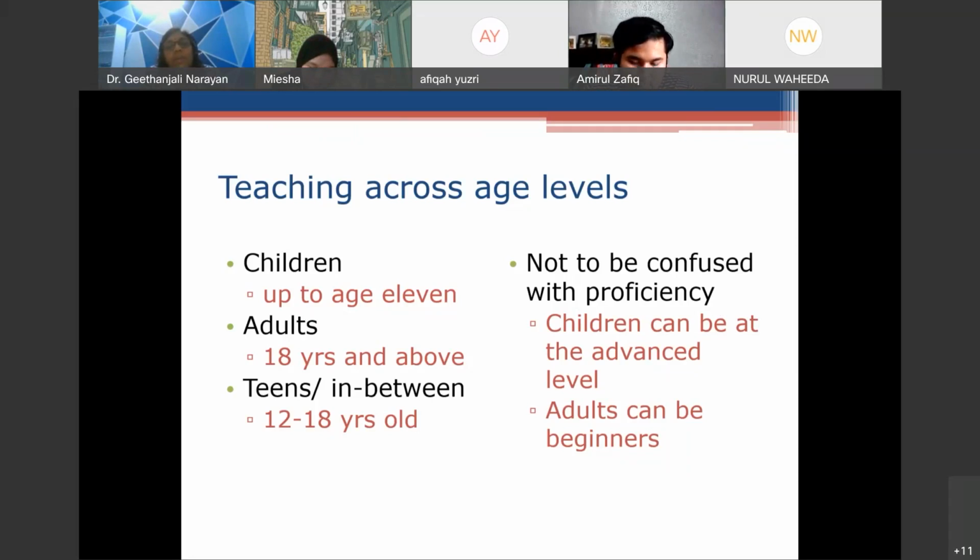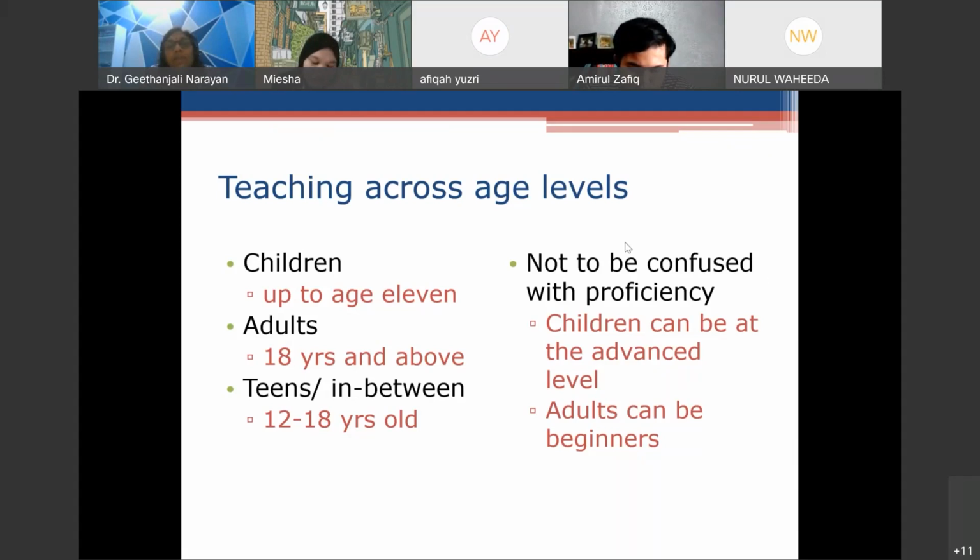All right, but an adult who comes from a non-English speaking country, no exposure at all, and wants to learn the language, the proficiency level is low. All right, so it doesn't mean that if you are an adult, your proficiency should be higher, and children have lower proficiency. You need to look at what levels they are.